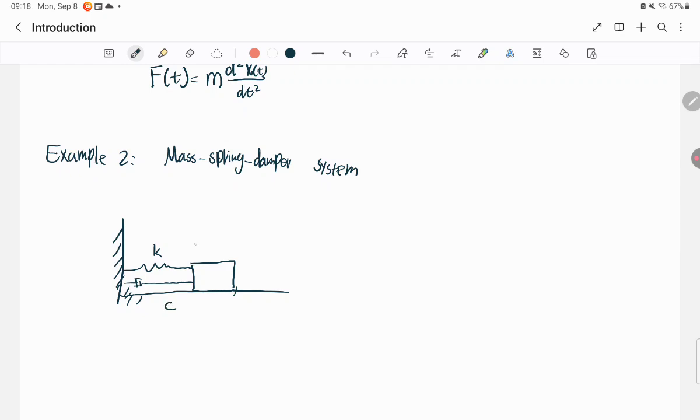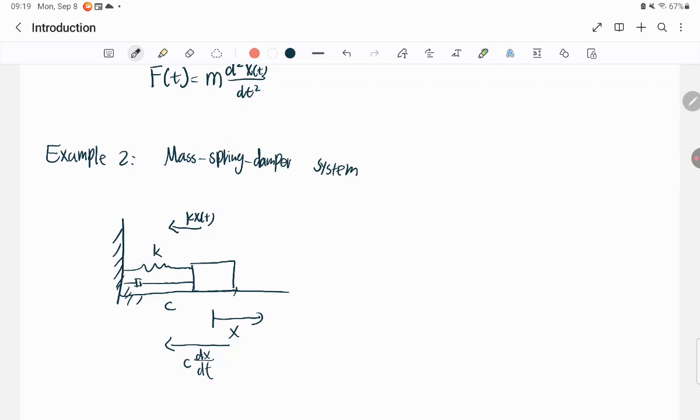The spring pulls it back with the force of kx of t. So we define our coordinate system as x. And the damper resists motion with the force of c dx/dt, if you're familiar with the vibration system.